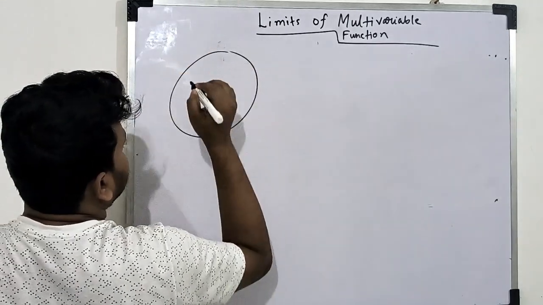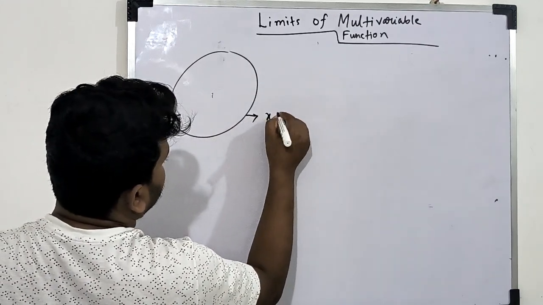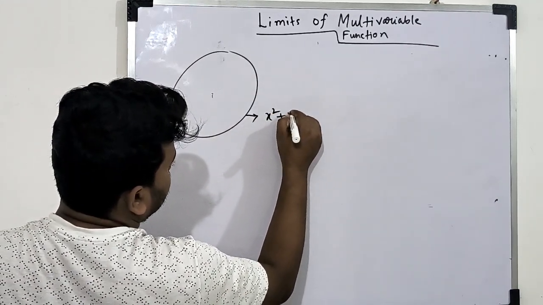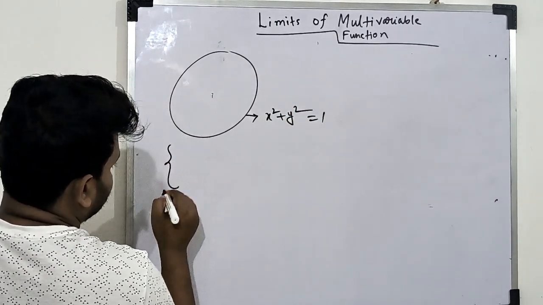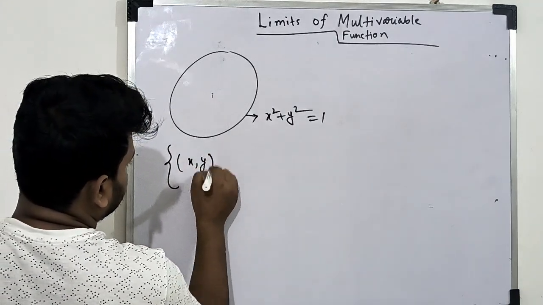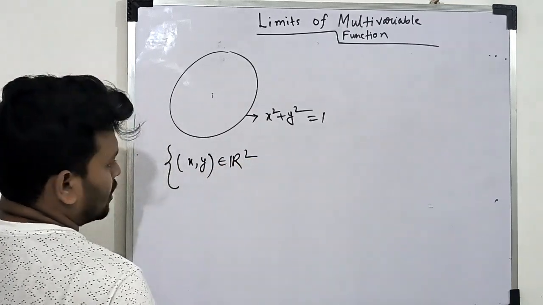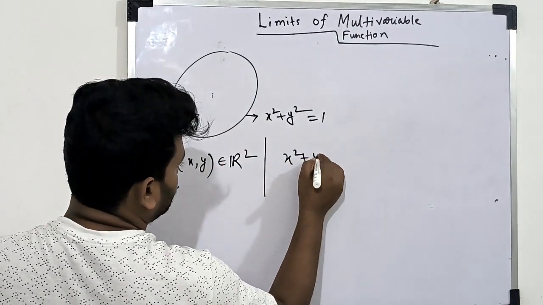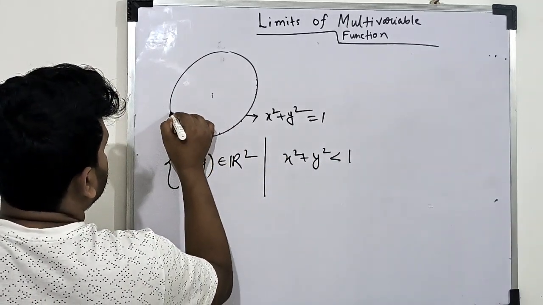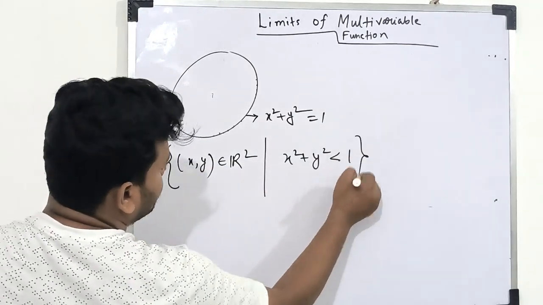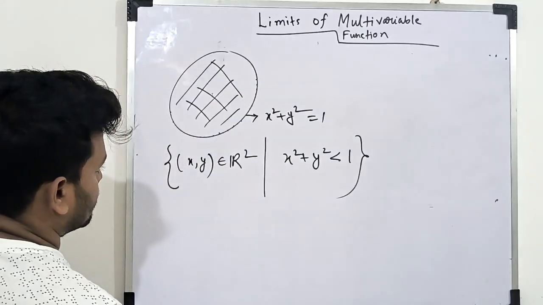Let us give some examples of closed and open regions. This is the equation of a circle, x squared plus y squared equal to 1. If we define a region that contains all those points (x, y) from R2, that is the xy plane, such that x squared plus y squared is less than 1, then the points on the circle are excluded, and the set contains those points which are inside the disk.